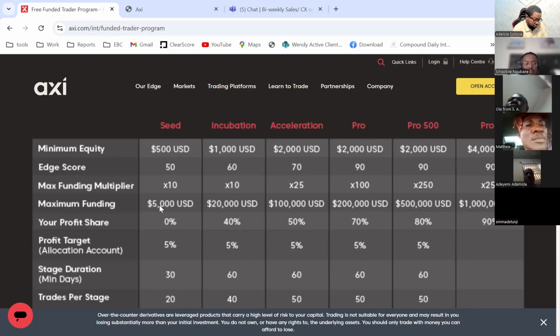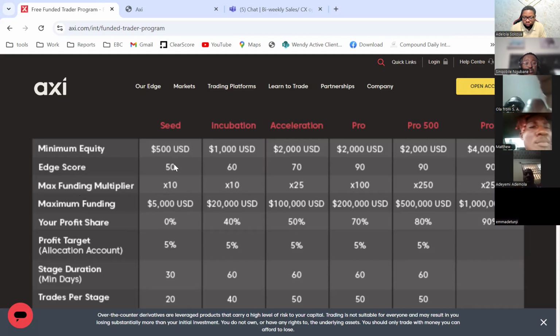For example, if you are making $50 on the $500, the multiplier is 10, so 50 times 10 means on the allocation account, you are already making $500. But you are not trading this account directly.